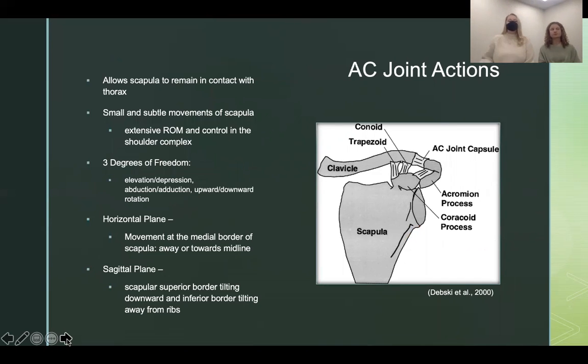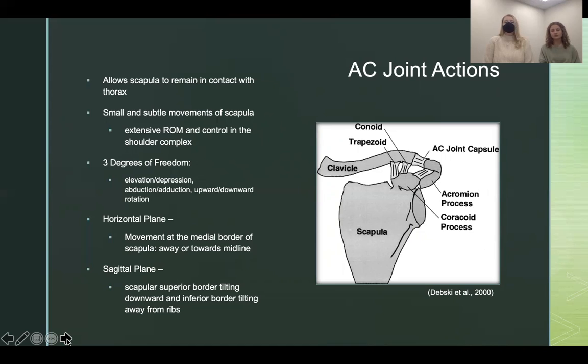So the AC joint allows the scapula to remain in contact with the thorax. It permits small and subtle movements of the scapula and allows for extensive range of motion and control in the shoulder complex. There are 3 degrees of freedom, and they include elevation and depression, abduction and adduction, and upward and downward rotation.